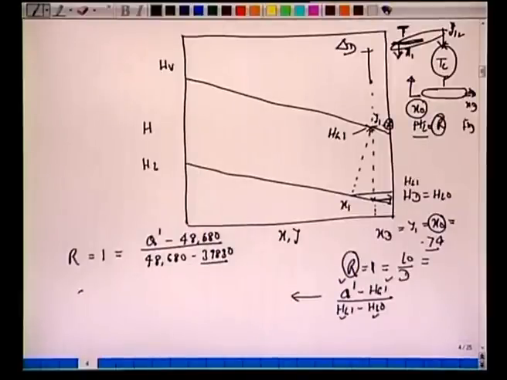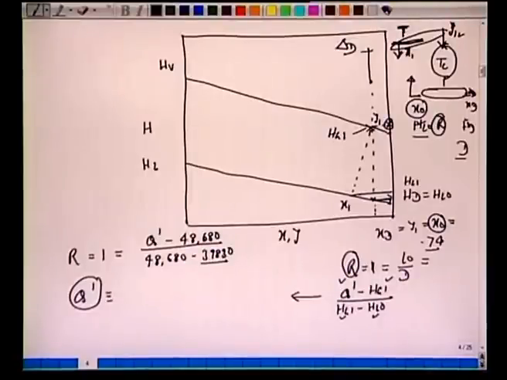So from this R we can calculate Q prime, which we said is the enthalpy of a hypothetical stream leaving the system at the flow rate D, but it has energy different from QC. So we had this Q dash prime.